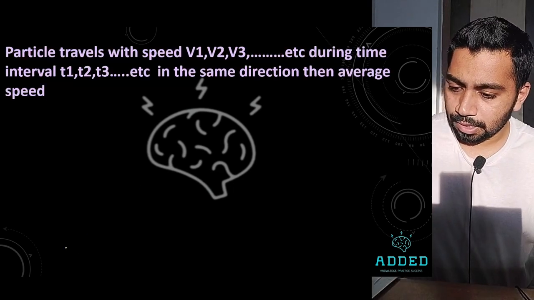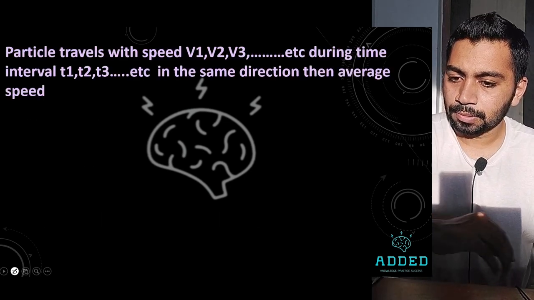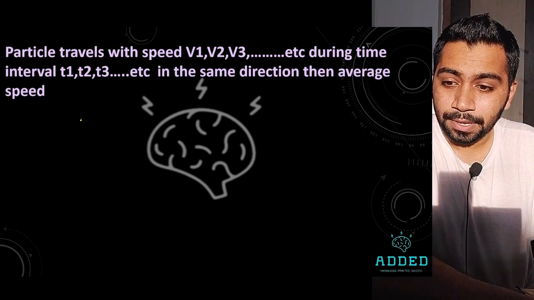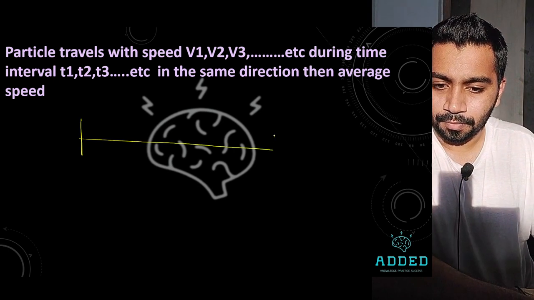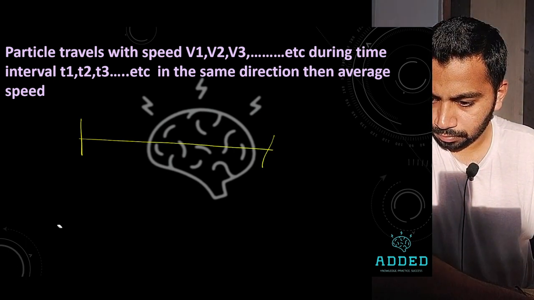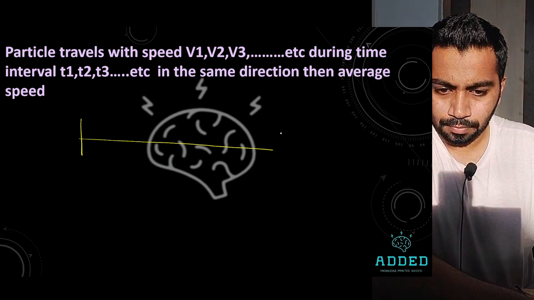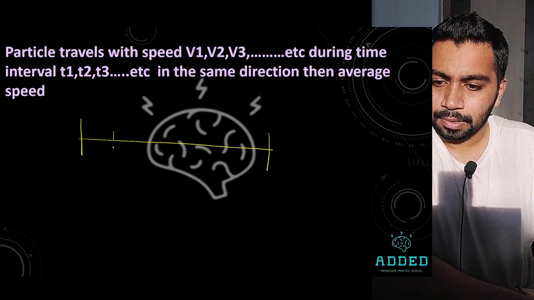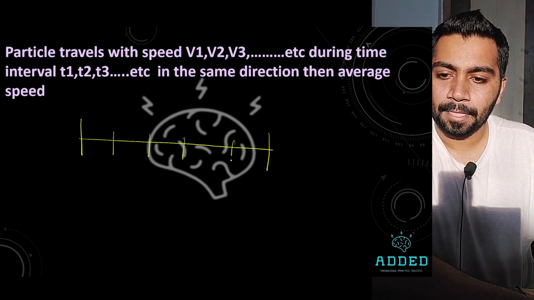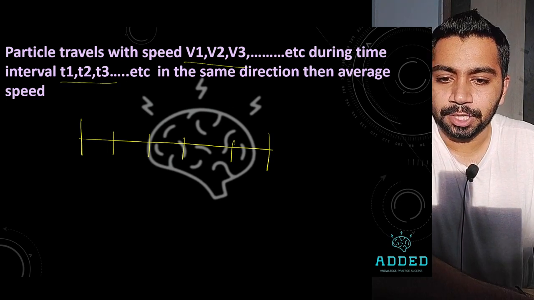Now a particle is traveling with speeds v1, v2, v3 and so on during times t1, t2, t3.